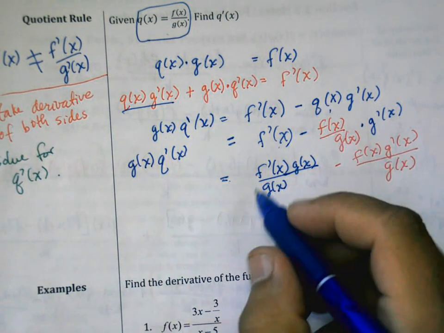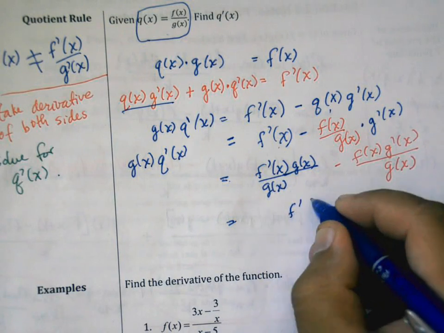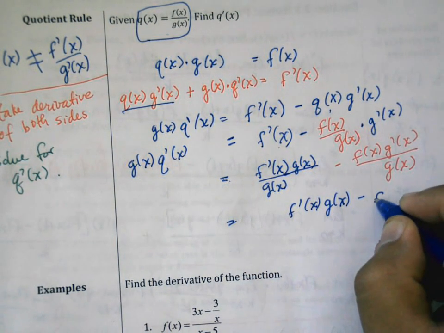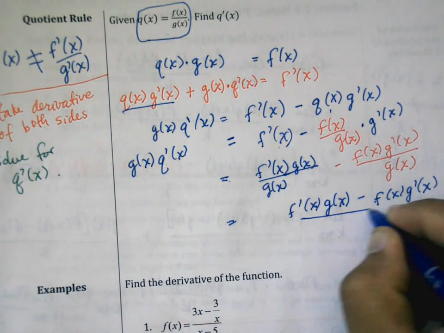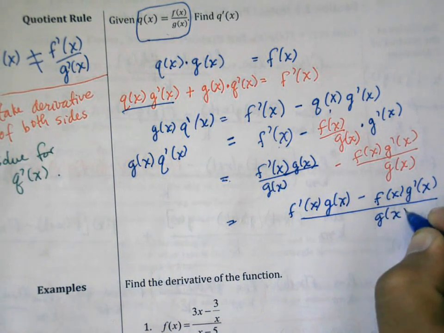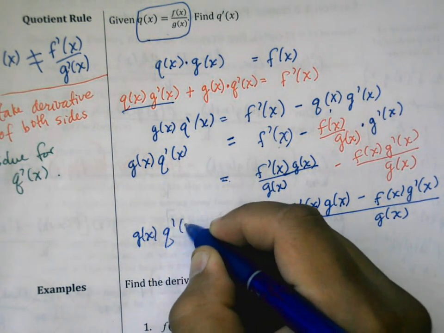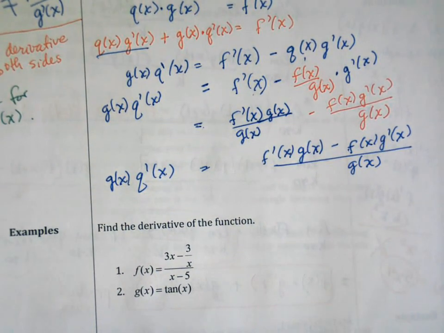And now I can combine these two fractions together. So this is f prime g minus f g prime, all of this over g. And this is still equal to g q prime of x. We haven't really changed anything yet on the left side.